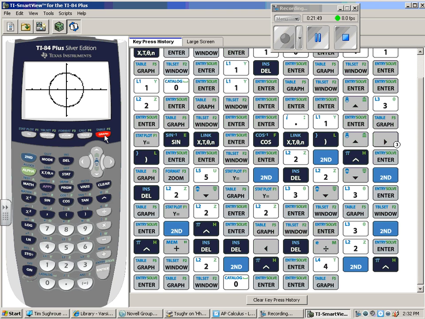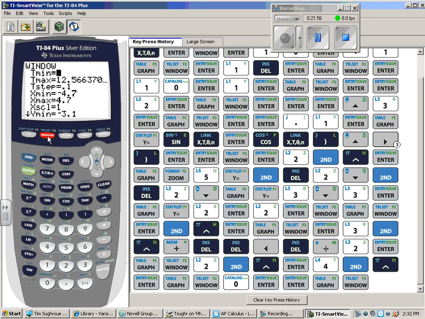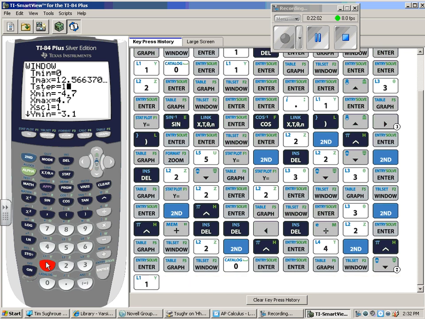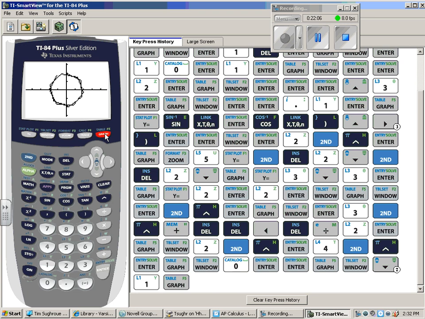Just to illustrate the importance of the t-step, watch what happens if we come back and change this t-step. If I change this to a 1, it's not going to look pretty. Watch what happens. That's not looking very circular. Again, it's only graphing a new point every 1 time element, 1 second if you want to think of it that way.